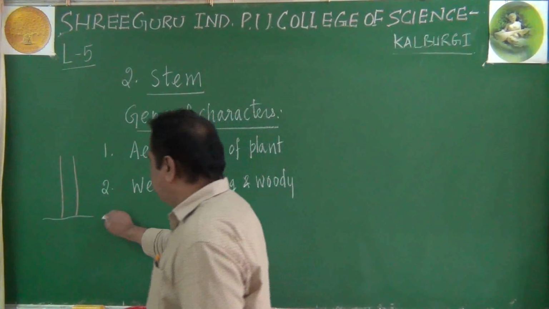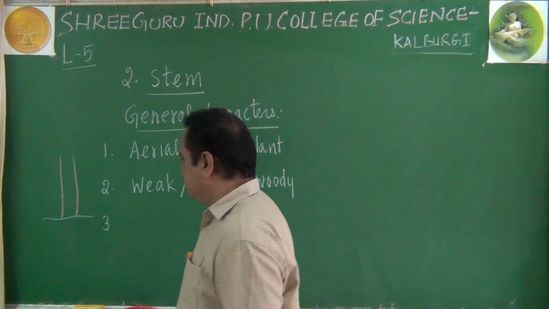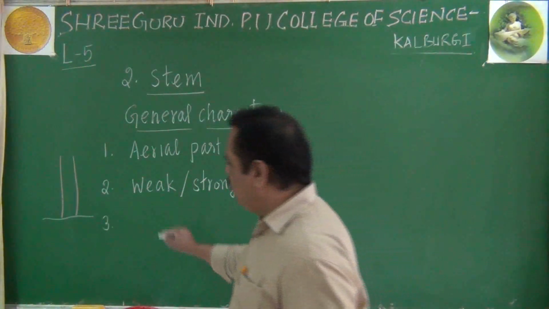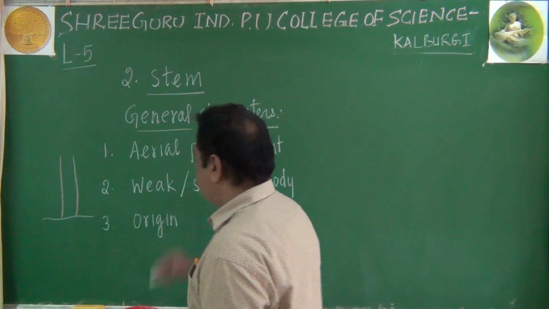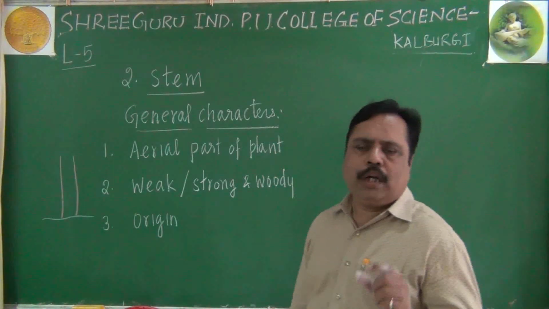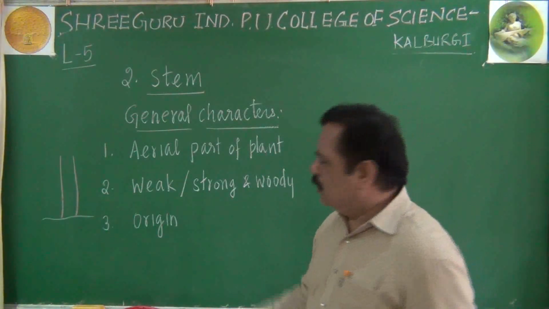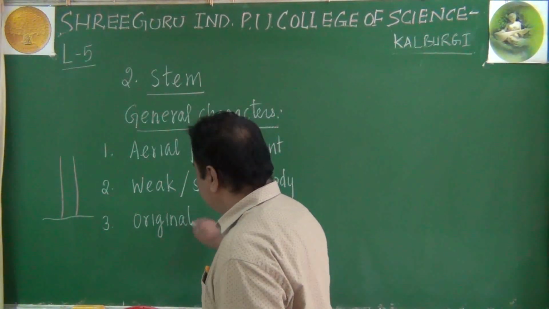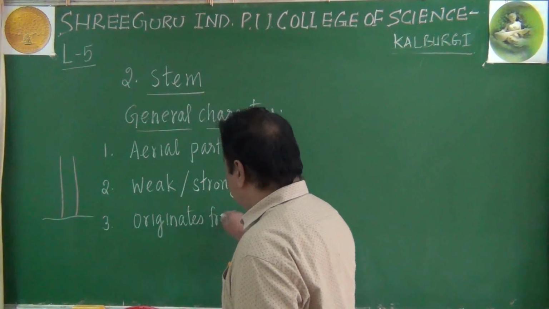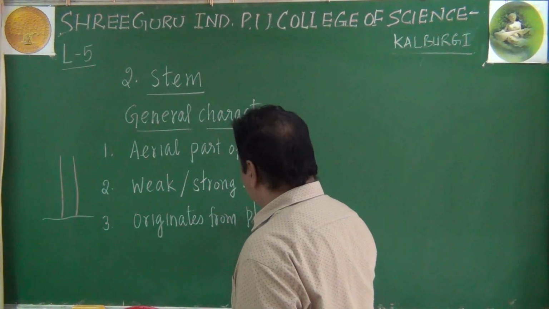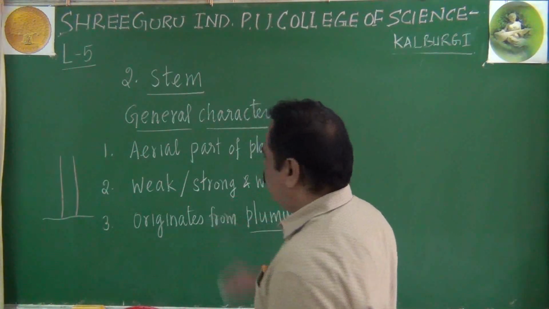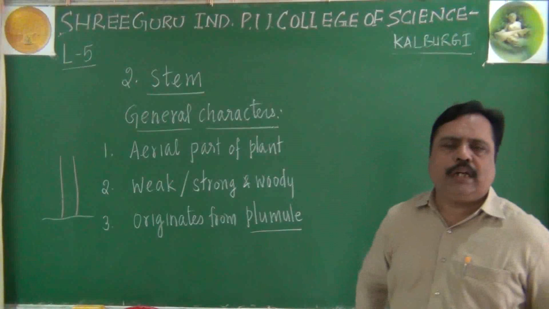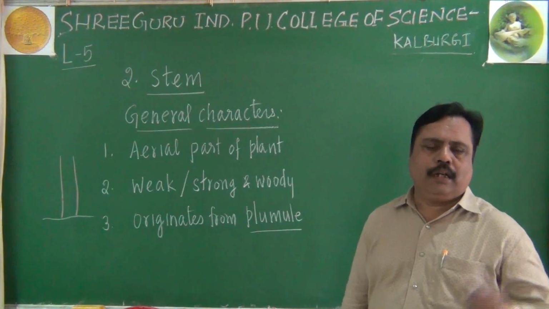The third character we can remember here is the stem will be originating from a part called the plumule of the plant. Remember this word. In the root I told you one point: roots originate from the radicle of the seed.